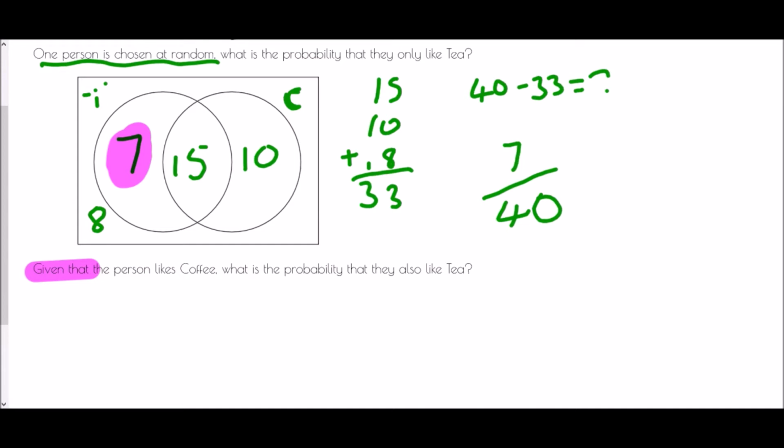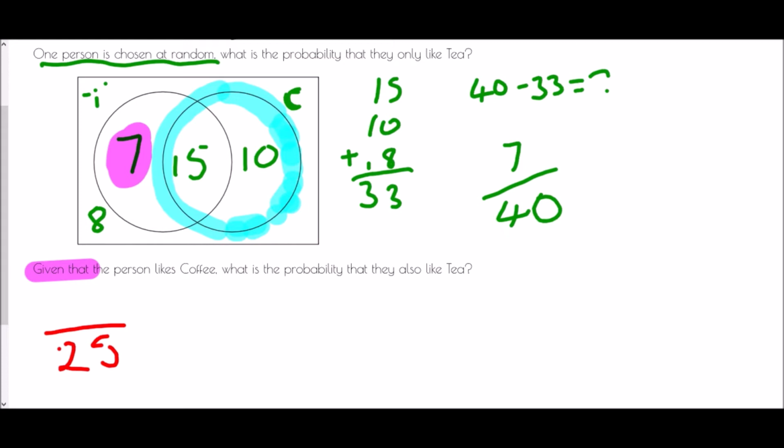And therefore in our diagram we are now only interested in this section here, the people who like coffee. And so in that section we only now have 25 people, and so our probability is now going to be out of 25 rather than 40.